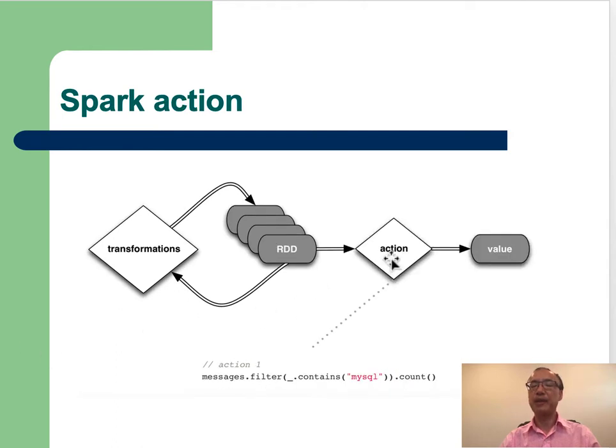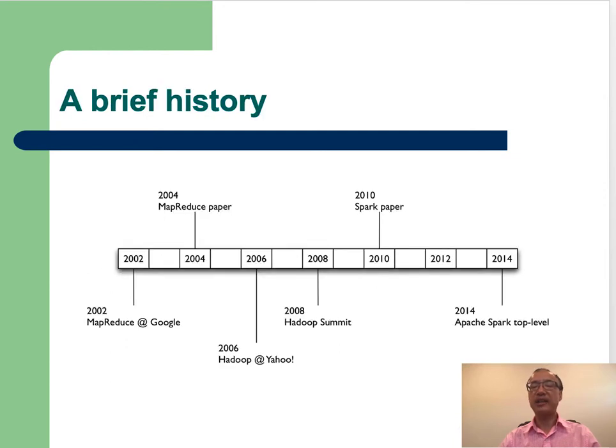Only after you do some action will this RDD be physically constructed, and then you will get the result. And then you can do the next action using this constructed RDD. So that's a very high-level discussion about Spark. We have all the details in my PowerPoint slides, and you are recommended to finish all the slides for Spark.